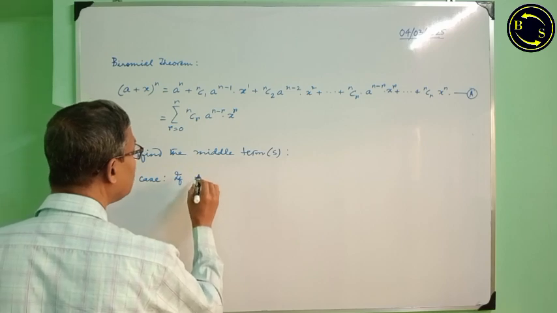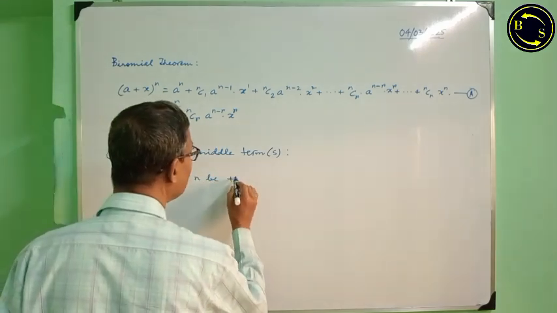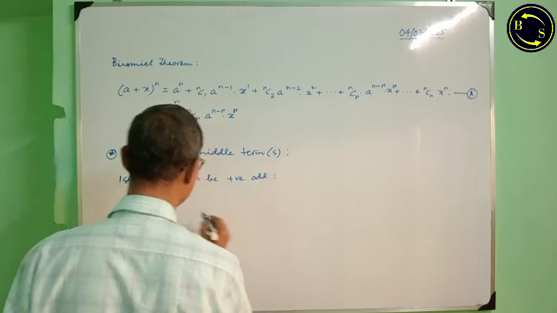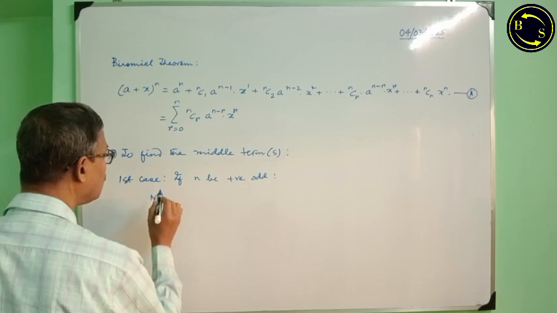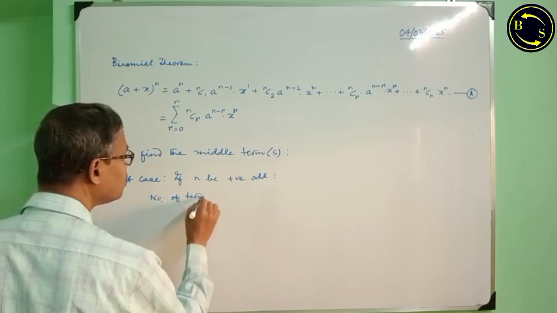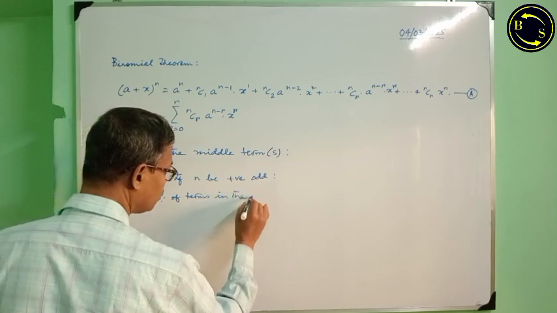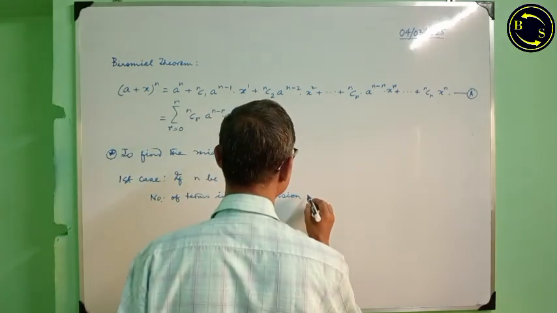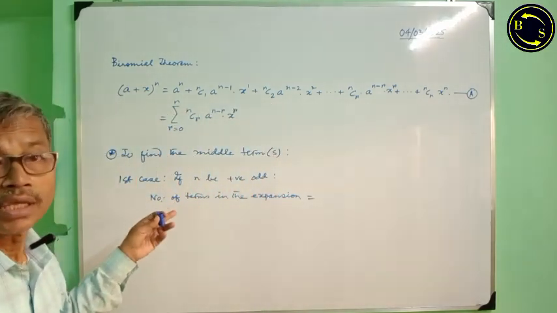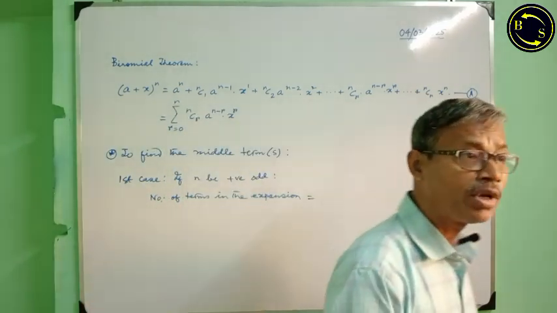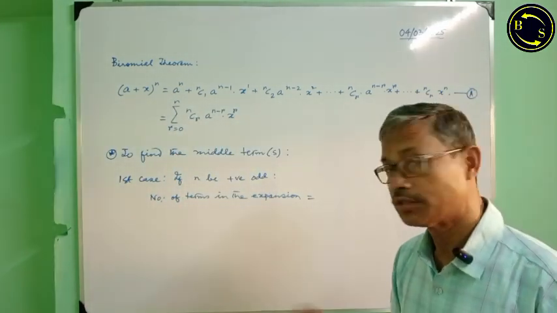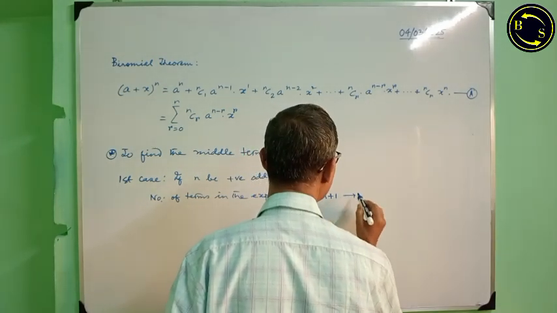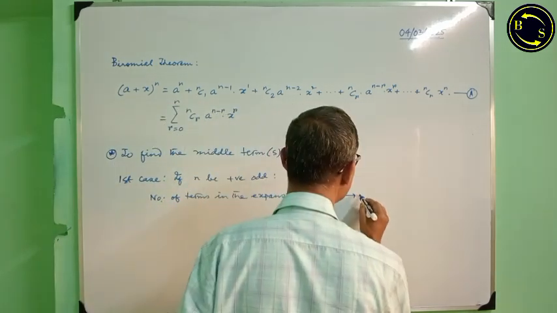If n be positive odd, the number of terms in the expansion, already I have told, there will be n plus 1 terms. n odd, therefore n plus 1 is even.